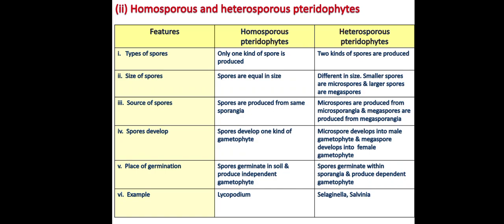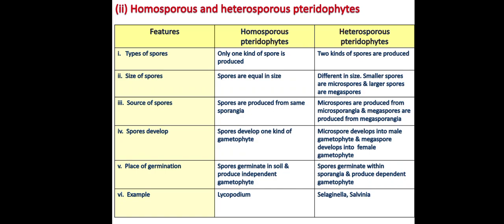Second feature, size of spores. Spores are equal in size for homosporous pteridophytes and different in size for heterosporous pteridophytes. Smaller spores are microspores and larger spores are megaspores, because micro means small and mega means large.